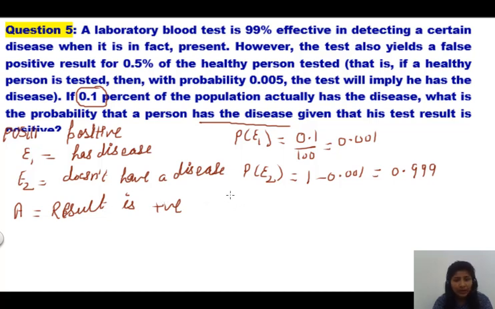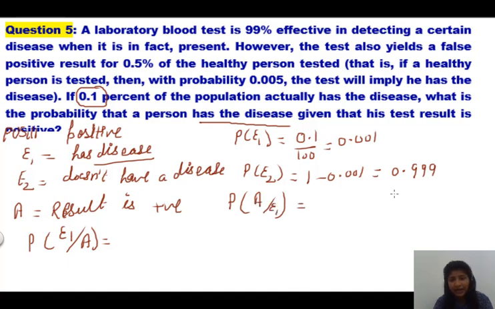Now, first of all, let us find out what we have to calculate, and then we will search for the reverse probabilities. They are asking the probability that a person has the disease. So we have to find out that he has the disease, which means E1, given that the result is positive. So we have to calculate this. For this we need the reverse probabilities, that means A given E1 and probability of A given E2.